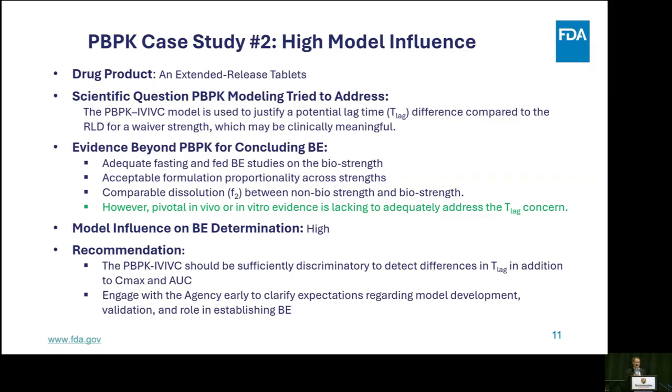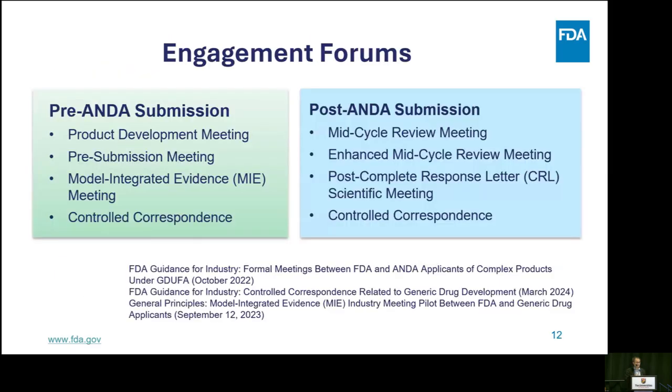That's a major issue with this PBPK IVC, and it is also about fit-for-purpose use of PBPK. So for this specific case, in addition to Cmax and AUC, applicants should also develop a PBPK method that is sufficiently discriminatory to detect T-lag differences. Again, engage with the agency as early as possible to clarify expectations. If applicants contact the agency early, we may point them to develop a PBPK model especially for a T-lag issue.